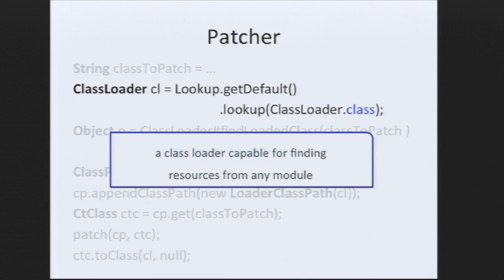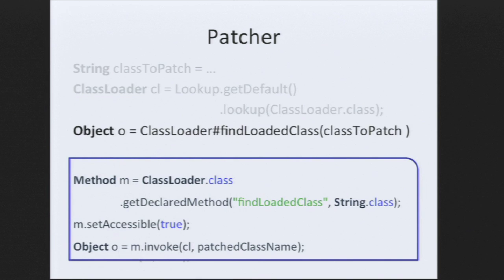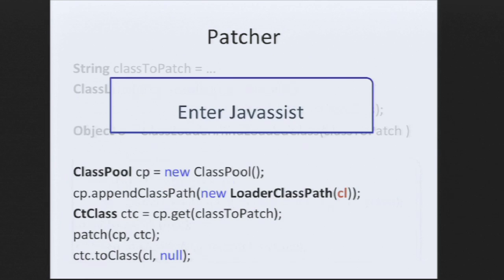So next you have to find the class loader, which is responsible for loading those internal classes. And you basically have to instantiate to get the instance of that. And after that, you can use some kind of a library.